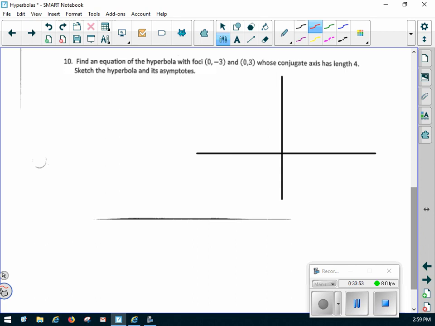Number 10, find an equation of the hyperbola with foci at (0, -3) and (0, 3), whose conjugate axis has a length 4. Sketch it along with its asymptotes. Okay, that's a lot to do. Plot those points, plot those foci.